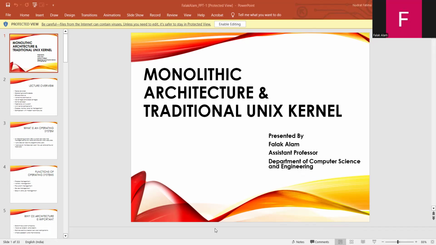And then finally, we are going to discuss the concepts of Unix kernel, such as process management, memory management, and file systems. By the end, I hope you will understand how monolithic systems work and how Unix implemented them.